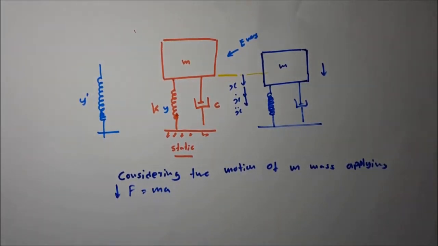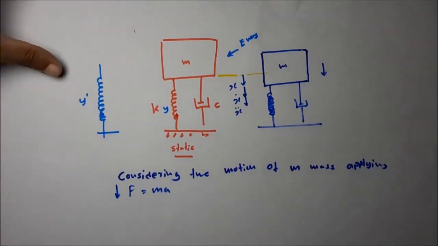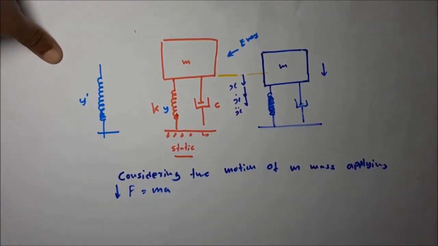So what are the forces acting in the downward direction for this m mass?